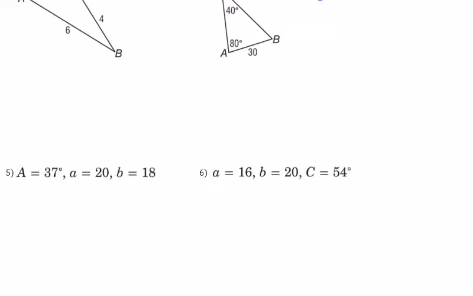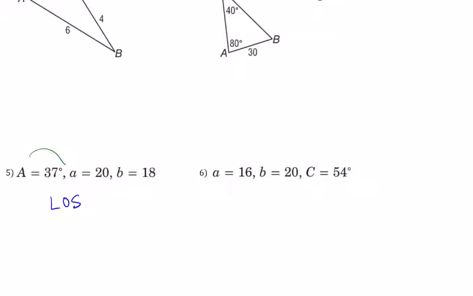All right, now here I have two sides and an angle, and here I have two sides and an angle, and I have the same two sides actually, A and B. So which law we use depends on which angle is given. On number 5, we have an opposite pair of angle and side that's given. Because those are opposite one another, that means I'm going to use law of sines, okay?